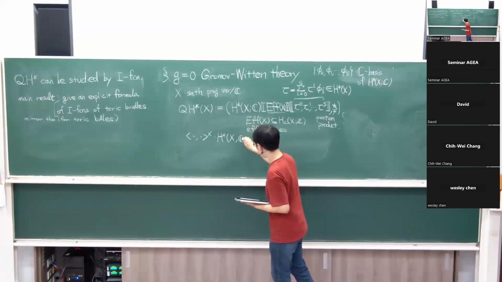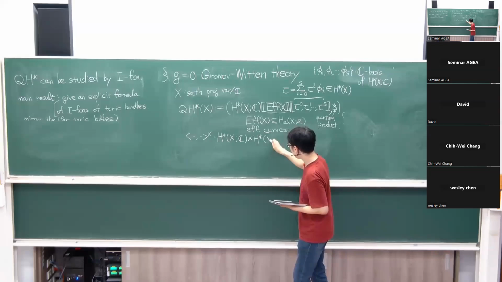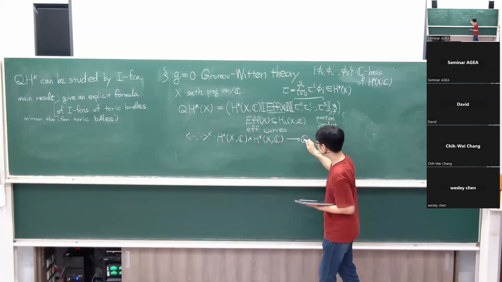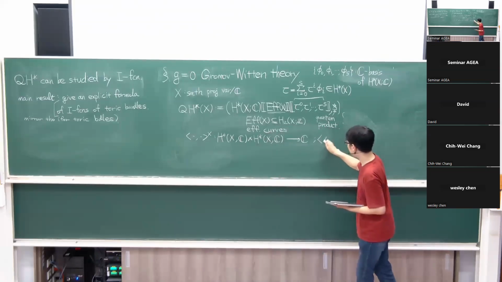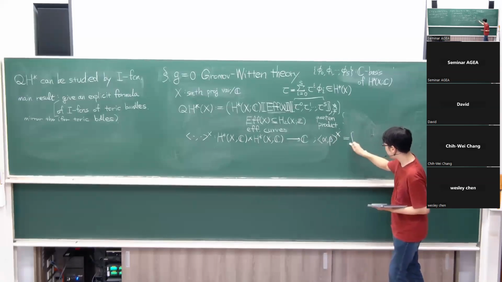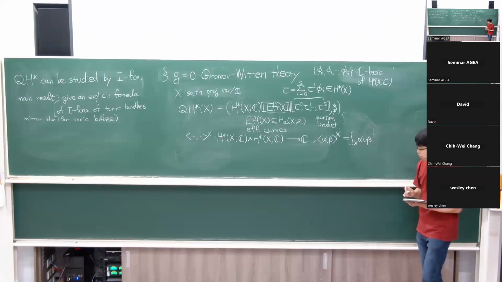Cohomology has a canonical pairing defined by integration. This defines a non-degenerate pairing on cohomology.